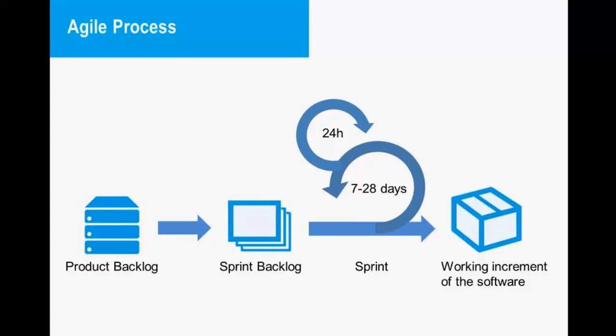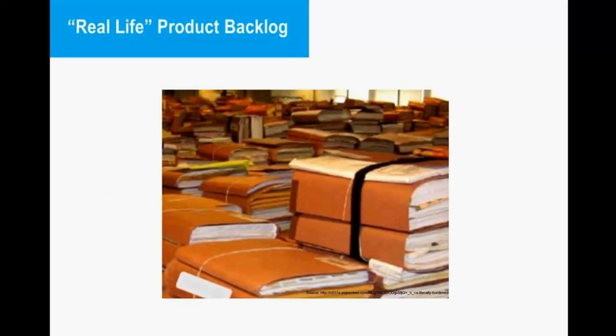Of course, Agile is always used in software development. This is just an example of how I would explain it to my wife. So this could be an example for a real-life product backlog. We have a lot of documents and work instructions, and they aren't really traceable. So it's really hard to trace if you make some changes, and it might be better to do this via computer.